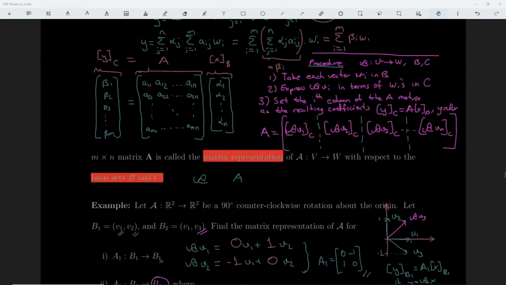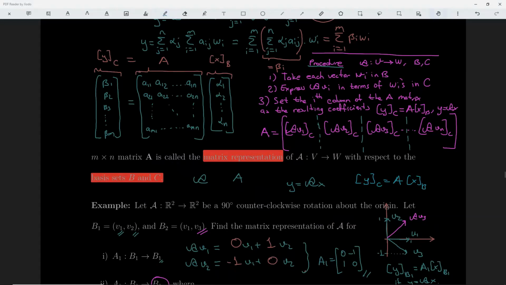So if y is equal to Ax, you can find matrices such that y of C is equal to a matrix times x of B, okay?